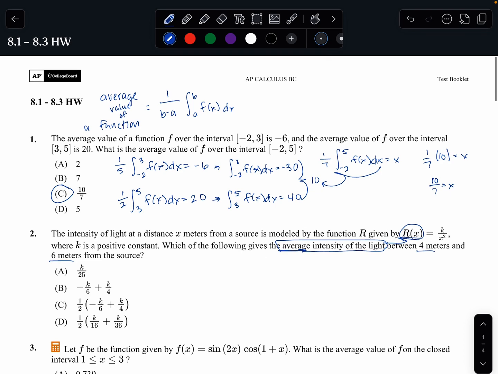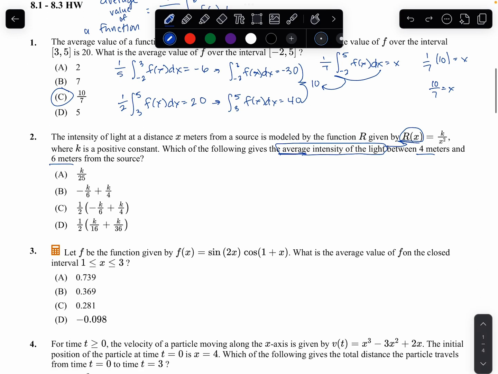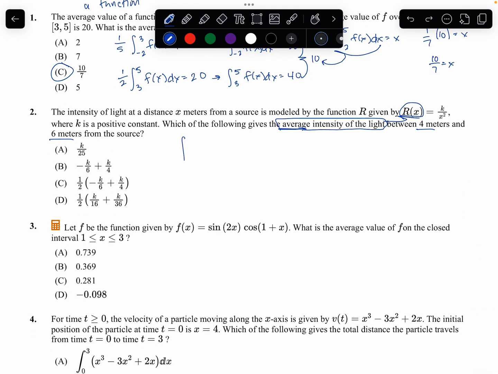So you're just using this formula right here. You can say the integral from 4 to 6. The length of that interval is 2, so 1 over 2, and then k over x squared dx. Now we're just going to work with this constant right here.